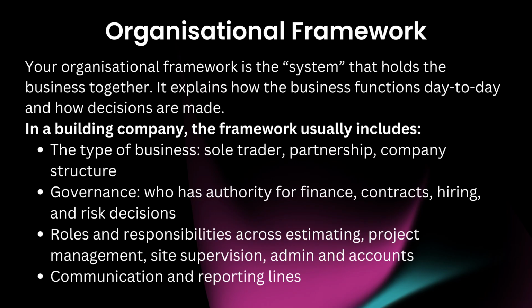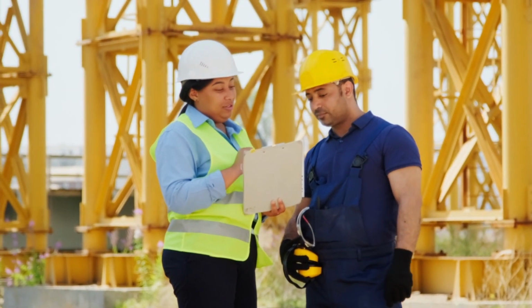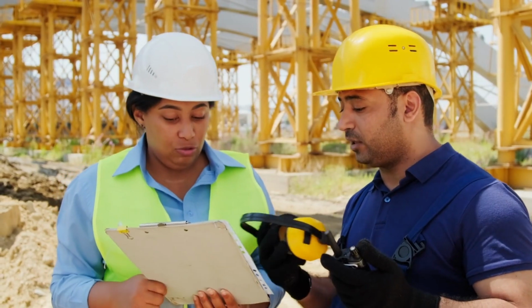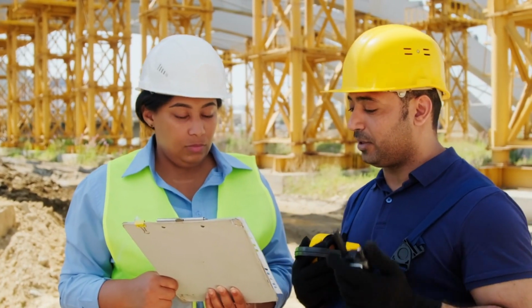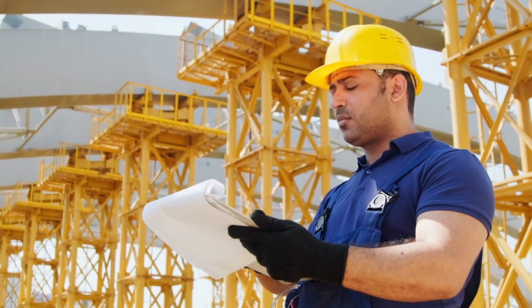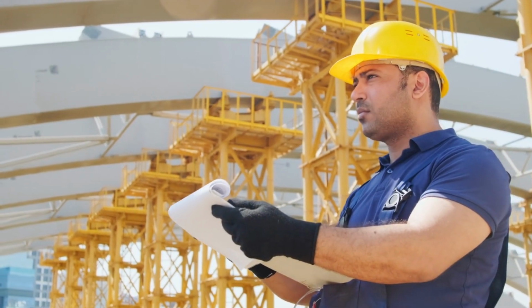In a building company, the framework usually includes the type of business, sole trader, partnership, company structure, governance, who has authority for finance, contracts, hiring and risk decisions, roles and responsibilities across estimating, project management, site supervision, admin and accounts, communication and reporting lines, how performance is monitored and improved. Without a clear framework, you often see confusion like who approved this variation or who is responsible for compliance reporting.